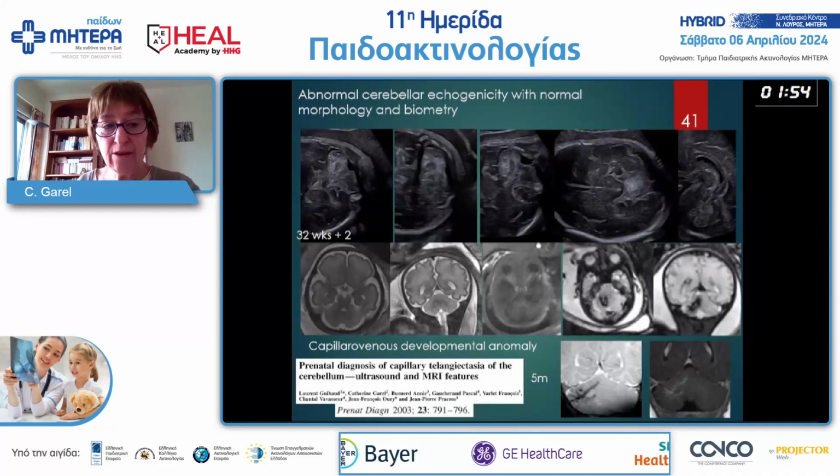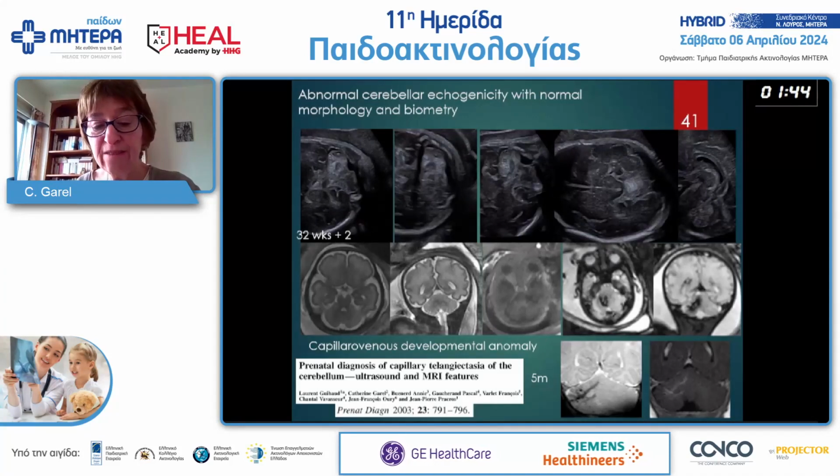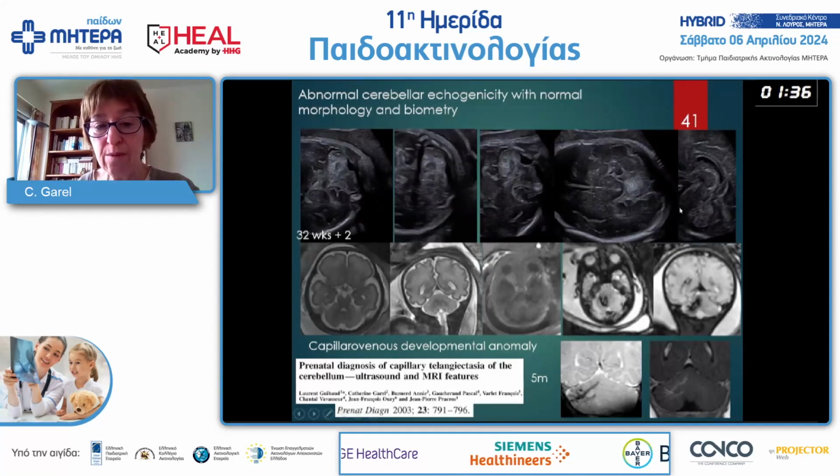The last case is an abnormal cerebellar echogenicity or intensity with normal morphology and biometry. It is observed in capillary-venous developmental anomalies, and this is an example. You can see that there is a heterogeneous echogenicity of both one cerebellar hemisphere and the vermis.